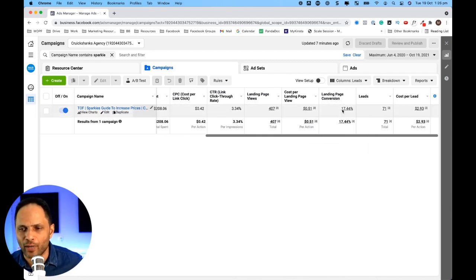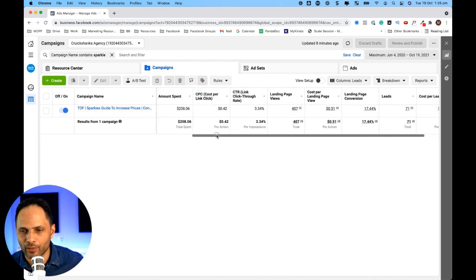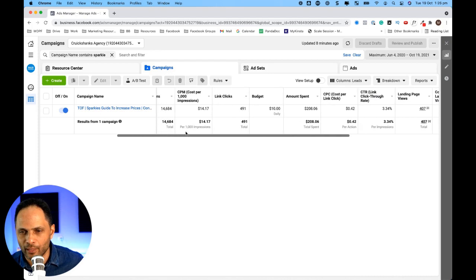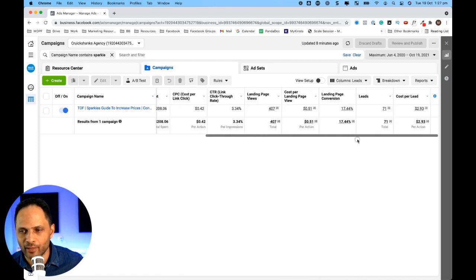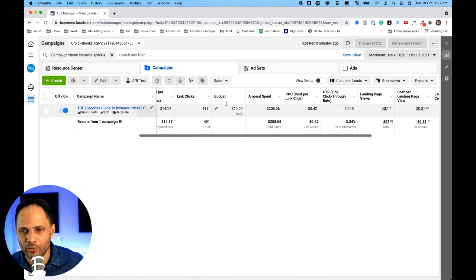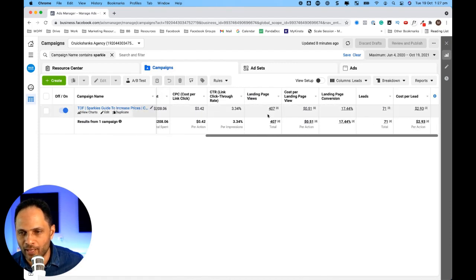Now, the landing page conversion rate is an interesting number. This is the first number I look at. So let's just scroll across here and look at link clicks. They had 491 link clicks and then 407 people hit the landing page.